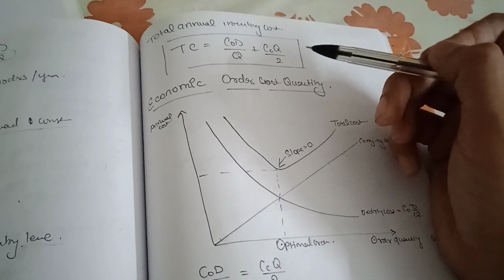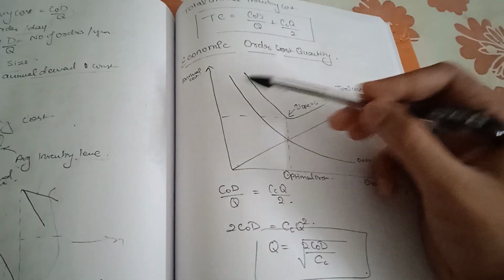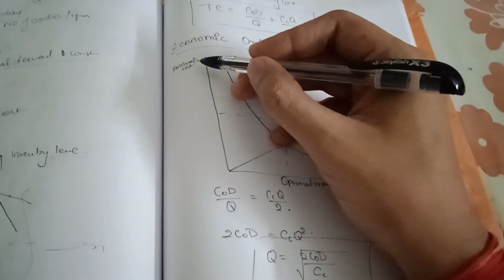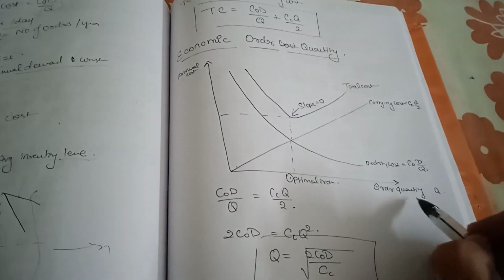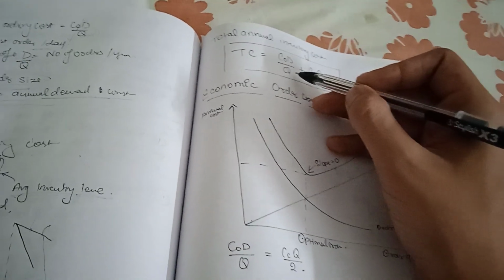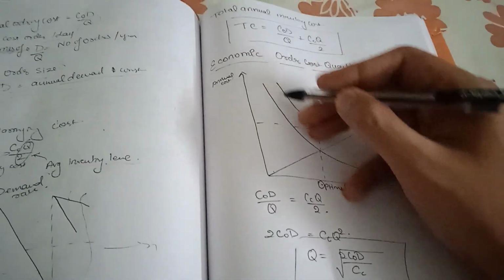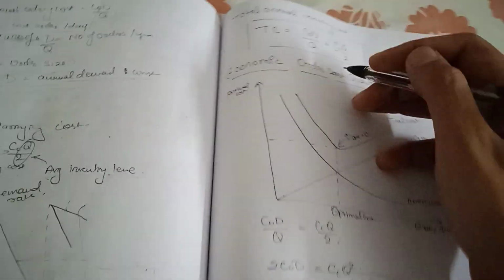Now if I talk about economic order quantity, this is the whole graph I am going to talk about. This graph is made from this formula. In the y-axis we have the annual cost, and in the x-axis we have the optimal order quantity. Q in this formula is on the downside, so the graph will make this kind of trajectory.